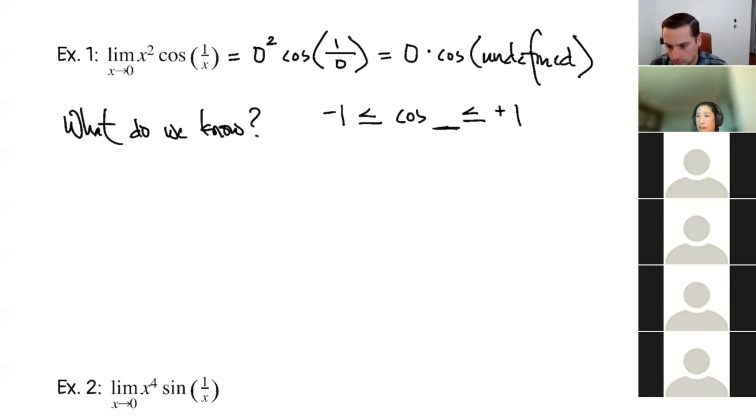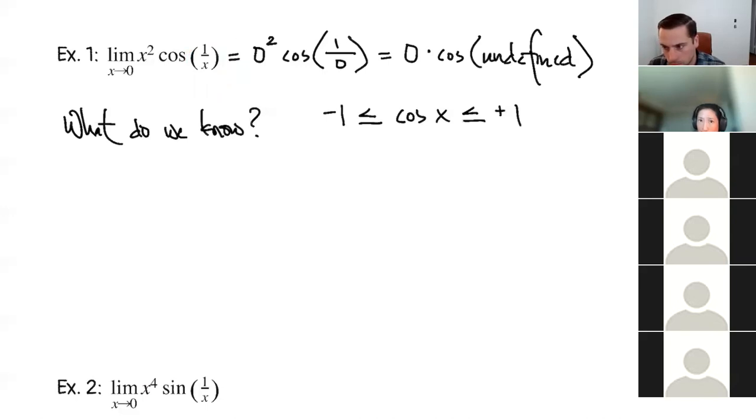Is that something that we buy? Yes, no. Yeah, okay, so cosine, no matter what I'm cosigning, the result will be between -1 and 1. And so we originally had the x here. But in my question, I have 1 over x.